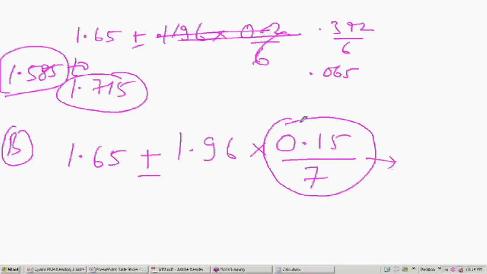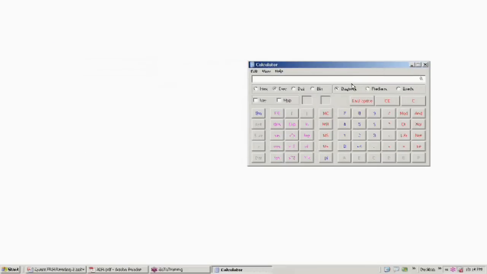So the confidence interval for this guy will be lower. If you compute 1.96 into 0.15 divided by 7, you get 0.042.